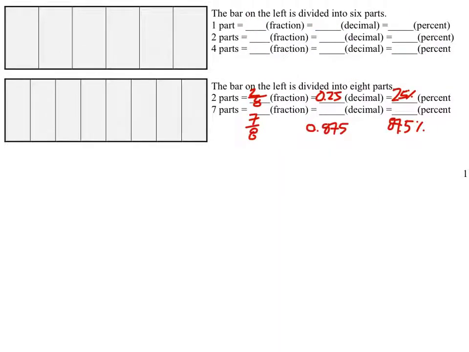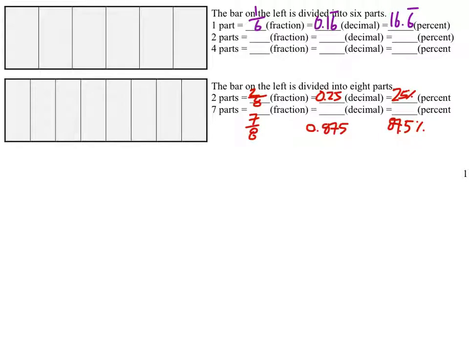So the bar on the left is divided into 6 parts. So if we had 1 out of those 6 parts, then the decimal would be 0.16. I think that repeats. Let me check. Yeah, so just the 6 repeats, which gives us 16.6 repeating in percentages.